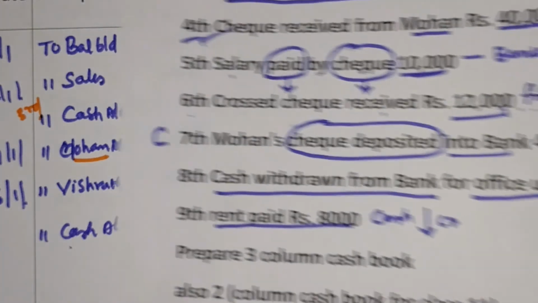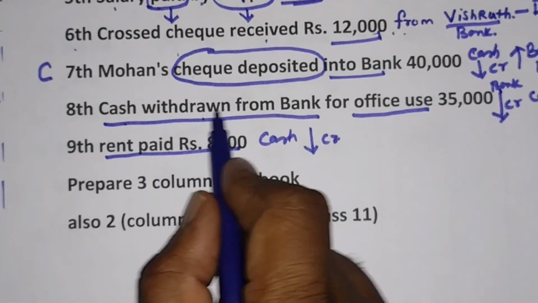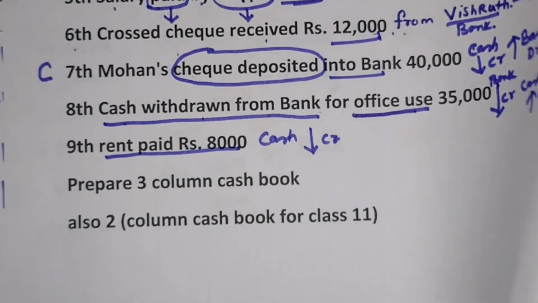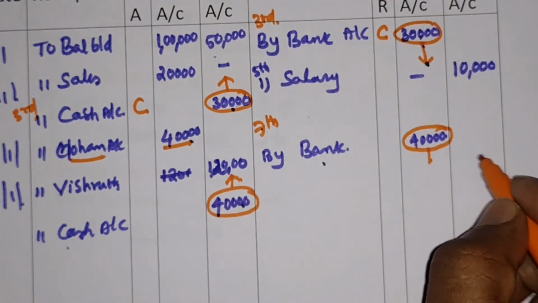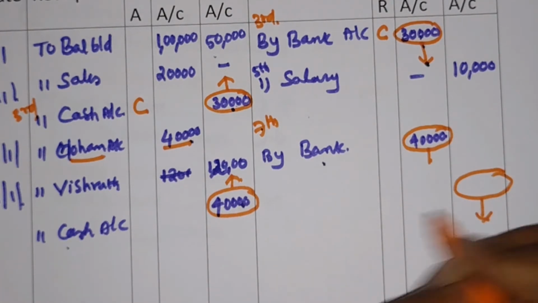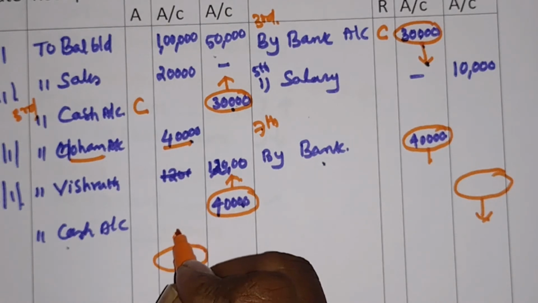Seventh one is over. Coming to eighth one. Eighth one is cash withdrawn from bank for office use. So from the bank that money reduces, and it will increase in the office.